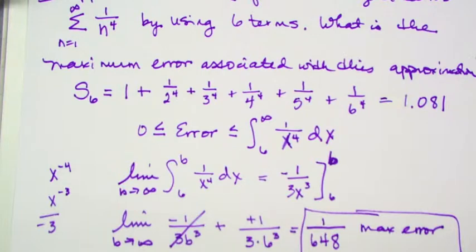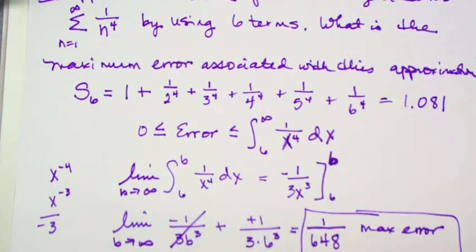So this is calculating the area that's remaining underneath the curve. The y values are approaching 0.